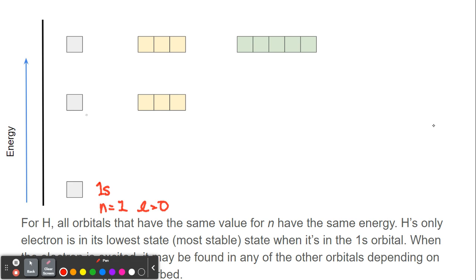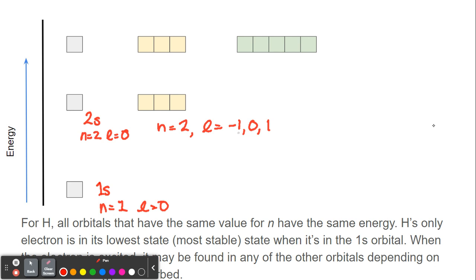This here would be our 2s orbital, where n is equal to 2 and l is equal to 0. Then I've got three more boxes. These would be the orbitals for where n is equal to 2 and l is equal to -1, 0, and +1. That would mean there's three possible combinations.